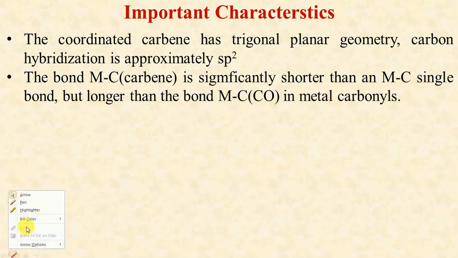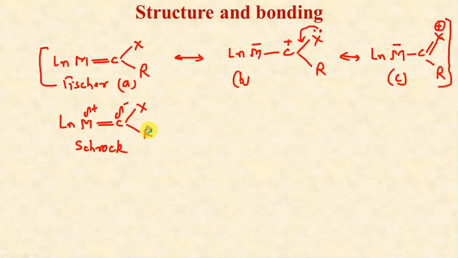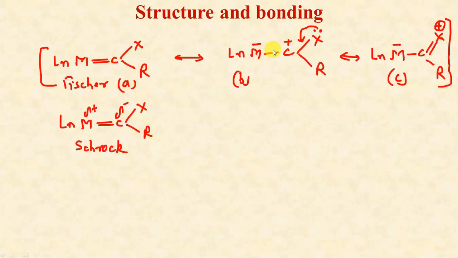In actual, there is a formation of a partial double bond in case of Fischer carbenes, as I told you in the last slide. Here there is a formation of a double bond, but this double bond does not have a bond order of 2. The bond order lies between 1 and 2, meaning this bond has partial double bond character. That's what I am saying in these points.